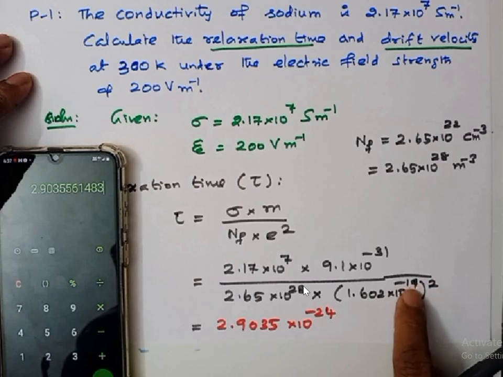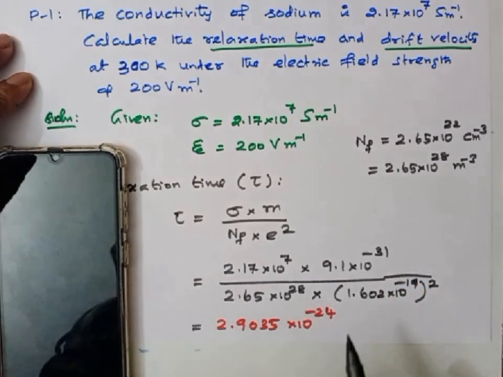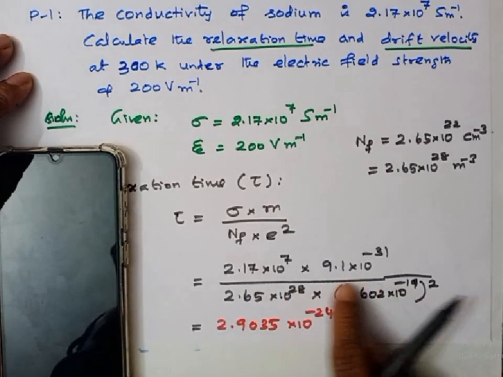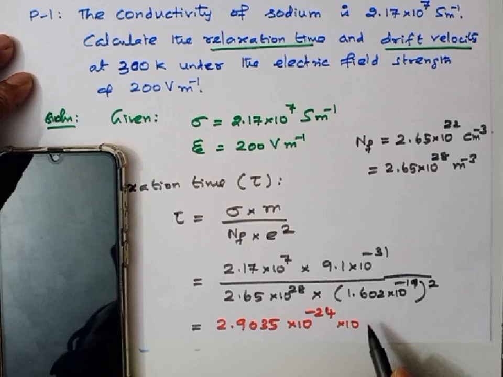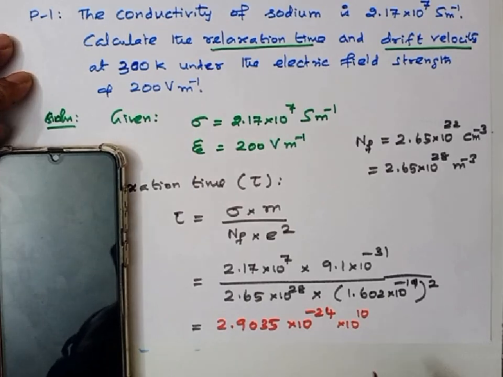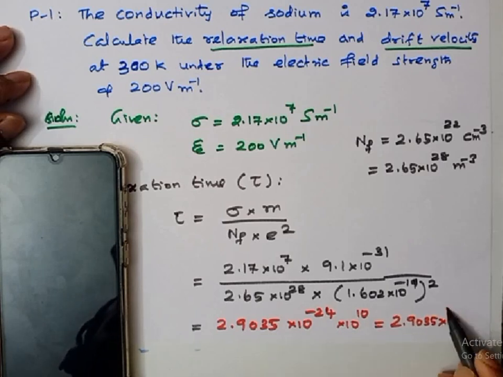See, square is there, so 10 power minus 38, this is 10 power plus 28, so this becomes 10 power minus 10. Okay, in the denominator. If we bring it to the numerator, it becomes 10 power plus 10. So this will give me 10 power minus 14 roughly. Okay, so the answer is 2.9035 into 10 to the power minus 14 seconds.